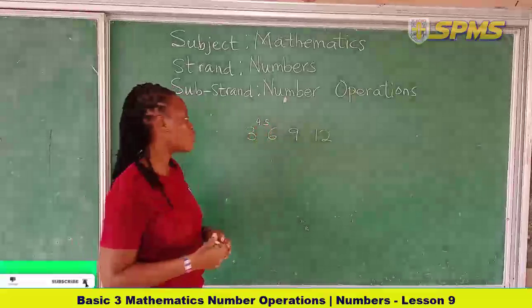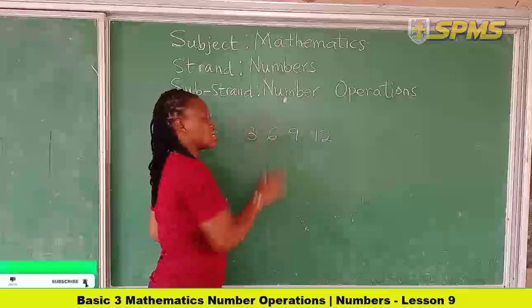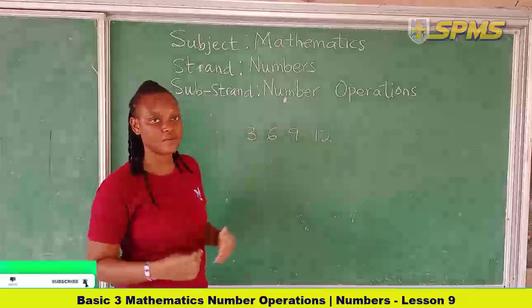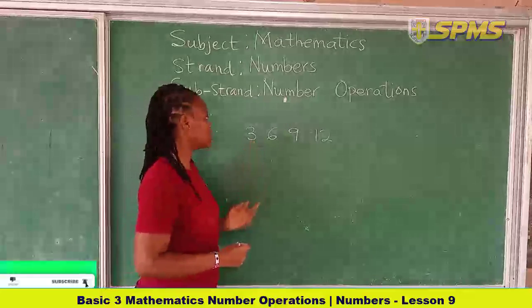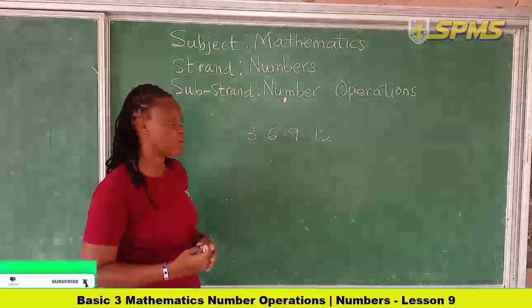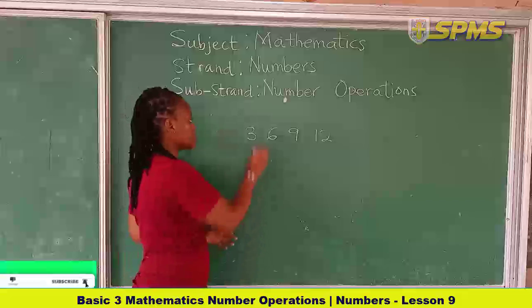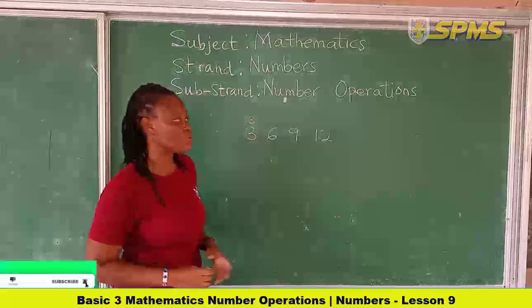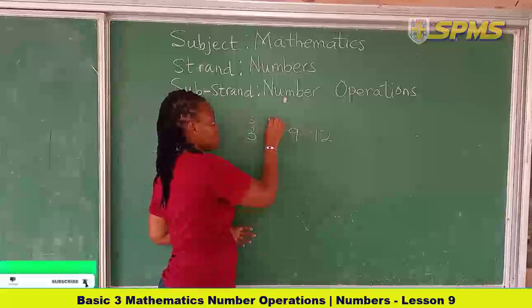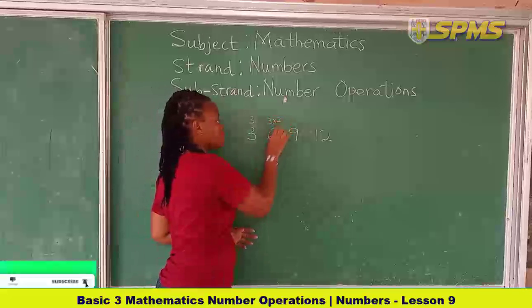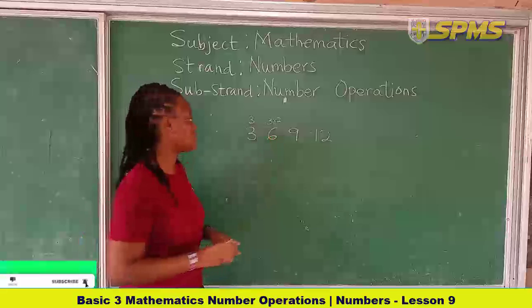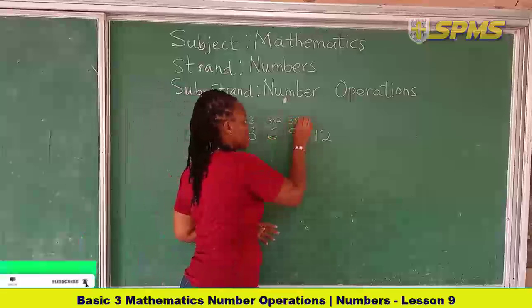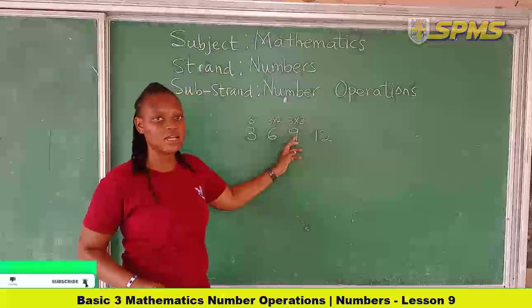6. This is also a way of saying the 3 times table, because 3 times 1, 3 is standing alone. So 3 times 1 will give us what? 3. 3 times 2 will give us 6. 3 times 3 will give us 9.